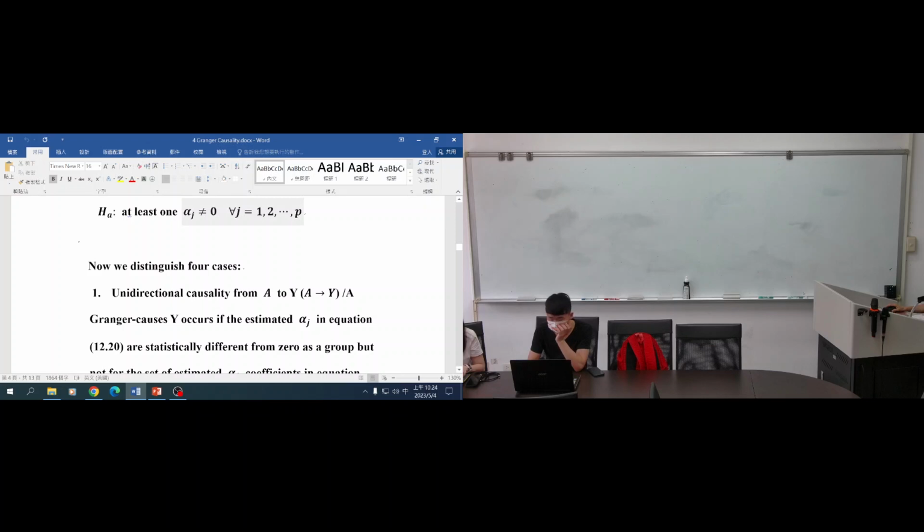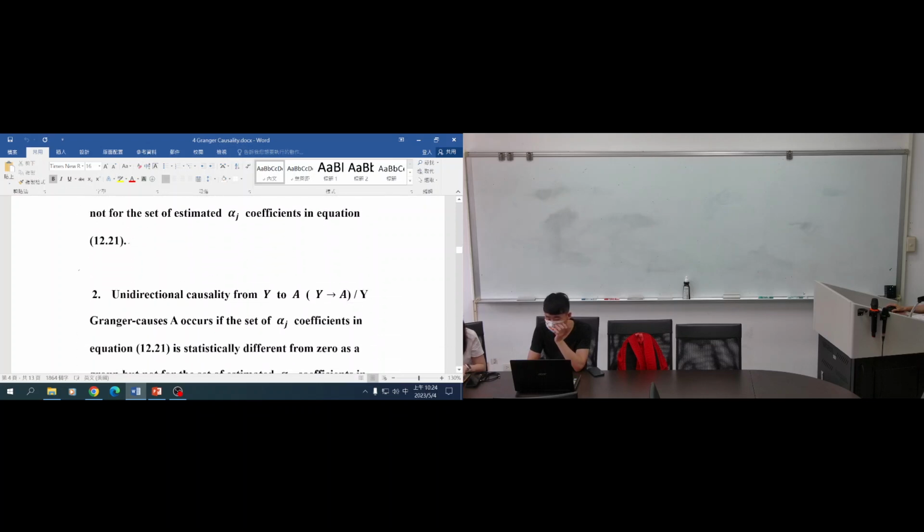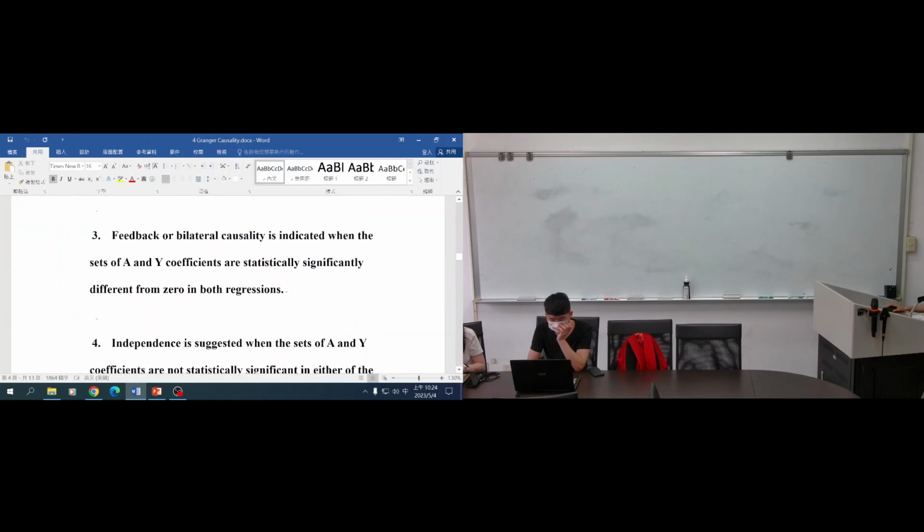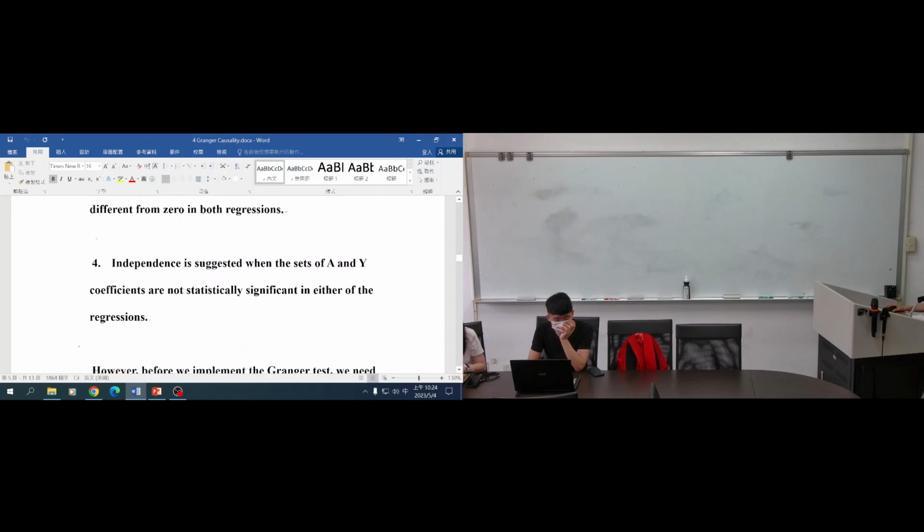And there are 2 unidirectional causalities. If it is Y to A, meaning equation 12.21, all the alphas are significant, so we say Y Granger causes A, right? Then the third one is bilateral causality, meaning both A and Y are significantly different from 0 in both regressions. Then independence means none of them is significant.